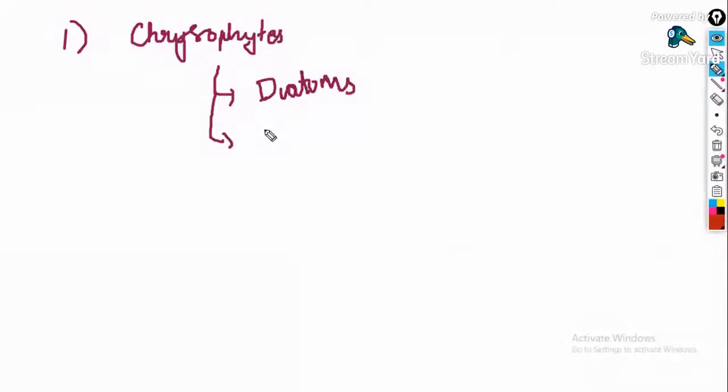Are you all here? Chrysophytes consist of diatoms and desmids. These are the two components constituting the chrysophytes: the first one is diatoms, the second one desmids. First, we are going to discuss in detail about diatoms.